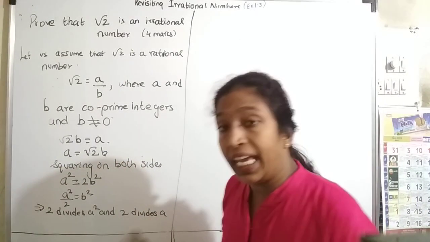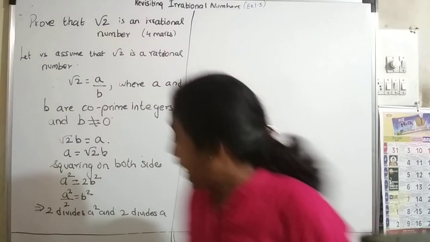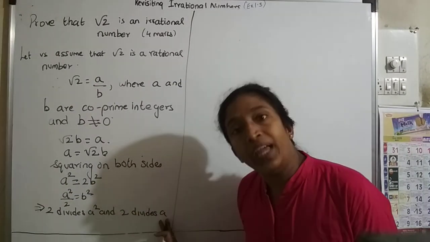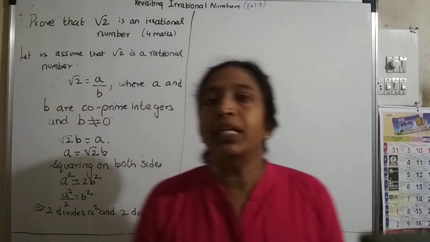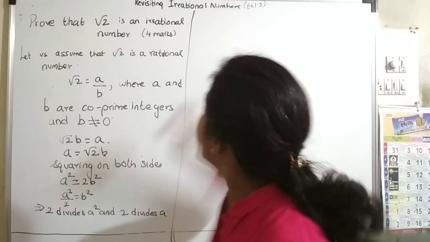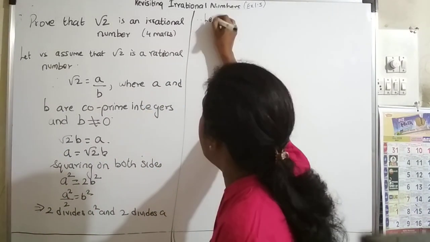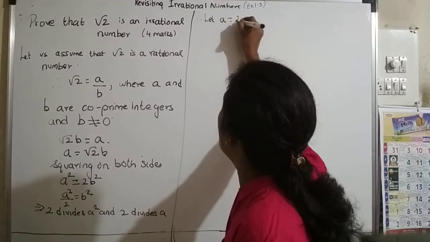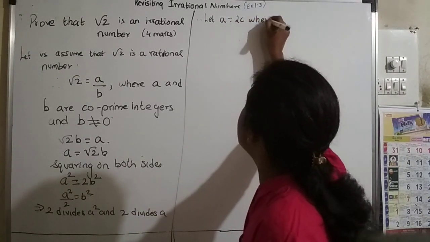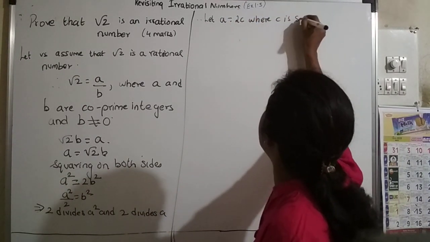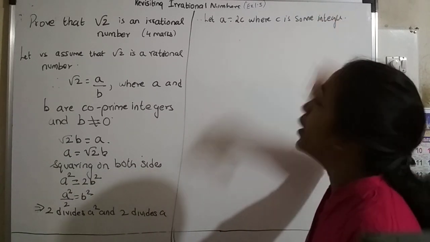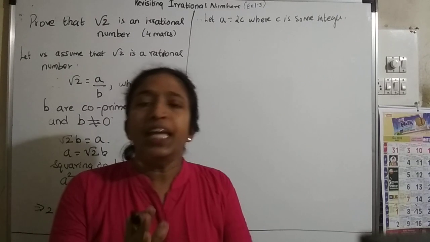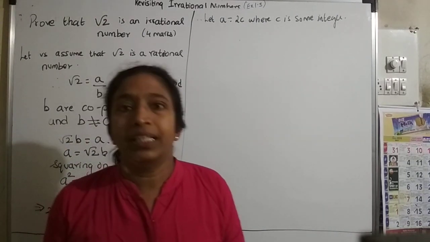If 2 divides a, that means 2 is a factor of a, which means a can be written as 2 into something. So here we'll write: therefore let a equal 2 into c, where c is some integer. I hope you have understanding. So let a equal 2c, where c is some integer.